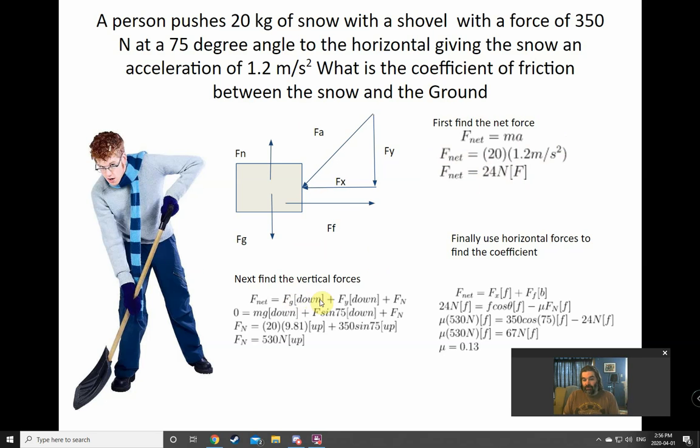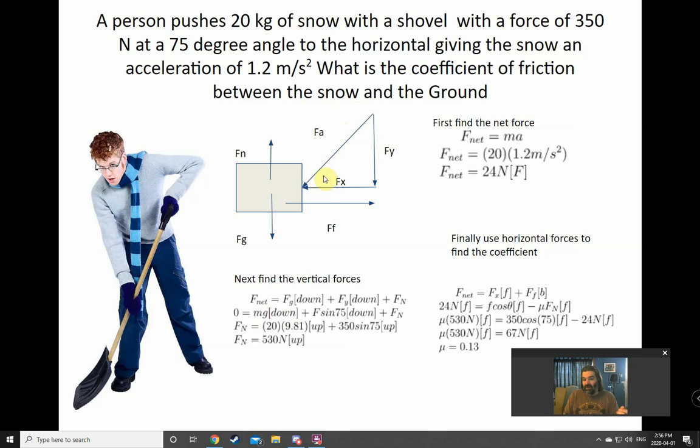In this case, there are three vertical forces. We know they're going to equal 0, but there are three. There's the force of gravity down. There's the y component, which is going to be down because I'm pushing down on the snow shovel, and the normal force, which is going to be up. So plug it in, mg. Fy uses my angle, 75 degrees to the horizontal.